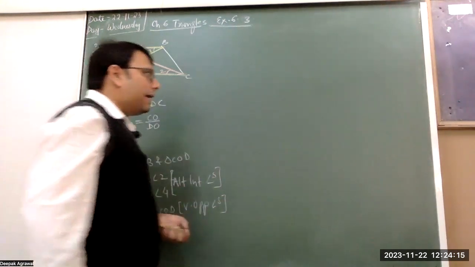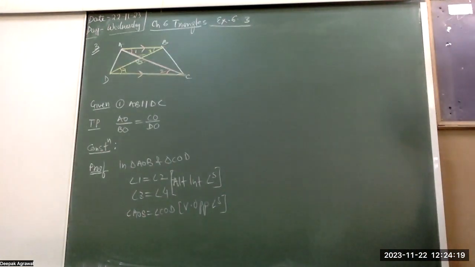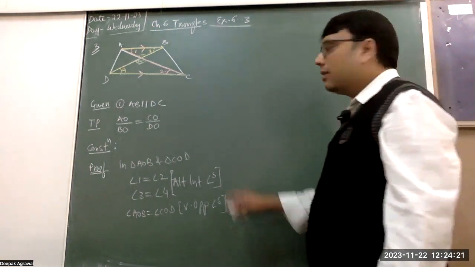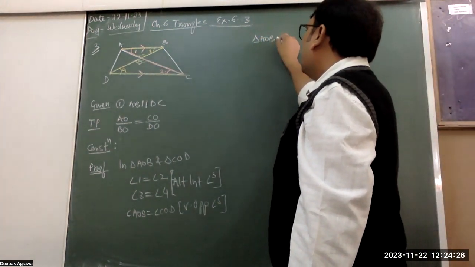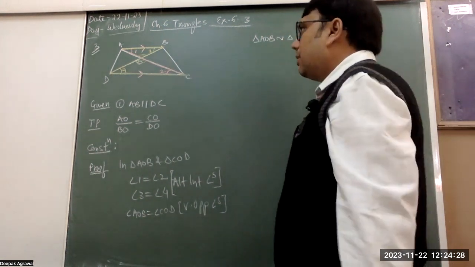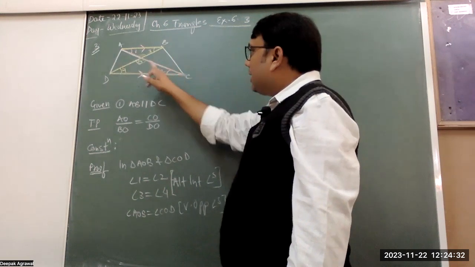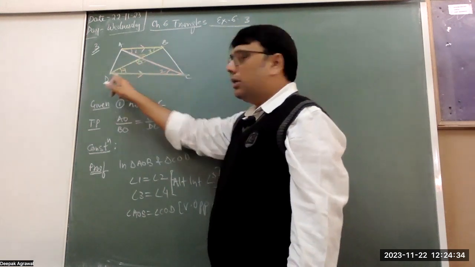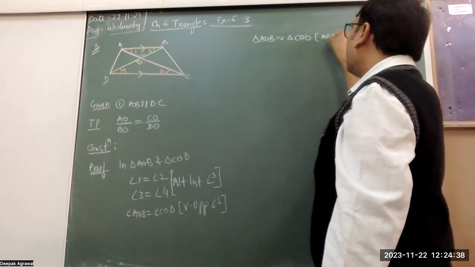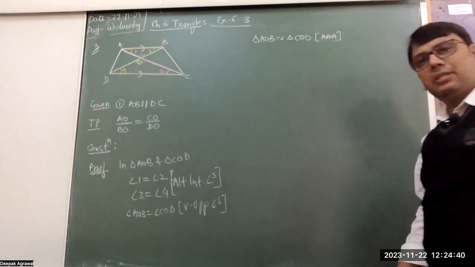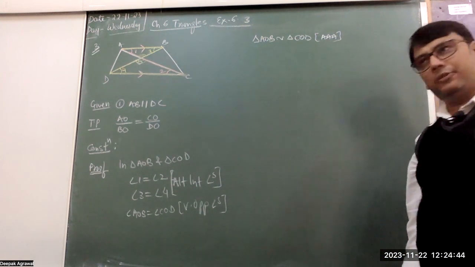So if all the angles of one triangle are respectively equal to all the angles of another triangle, then both the triangles are similar. So if I look from here, triangle AOB is similar to triangle COD by triple A. Although two angles would also do our work, so if you take only two angles here, then it would have been sufficient.